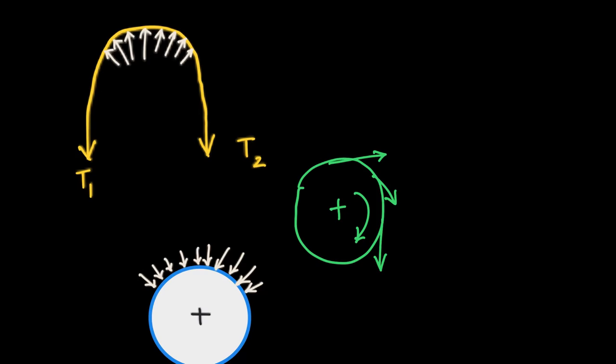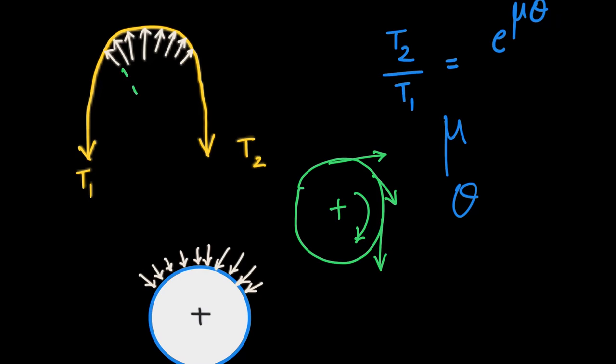When you have friction between the interfaces, there is a particular expression that connects the tension between the tight side and the slack side, which is given here like this: T2 by T1 equals e raised to mu theta, where mu is the coefficient of friction and theta is the angle in radians. If you want me to draw that theta here, for this kind of arrangement, this will be the theta.